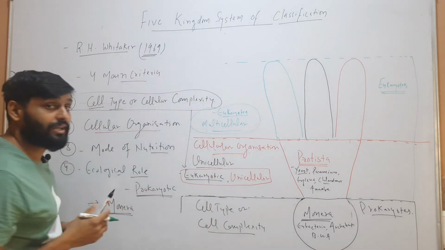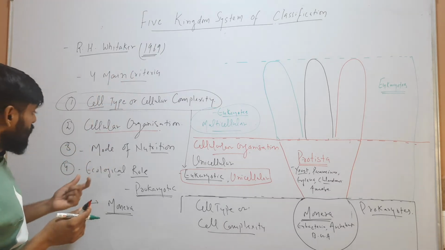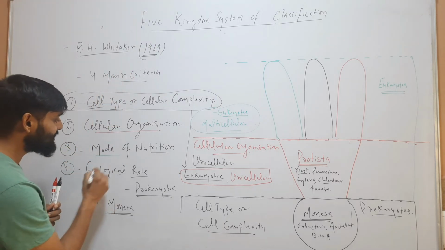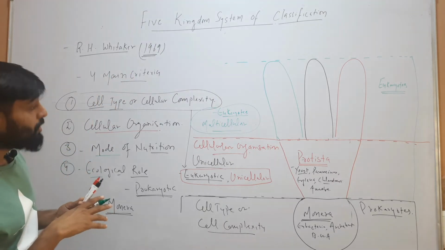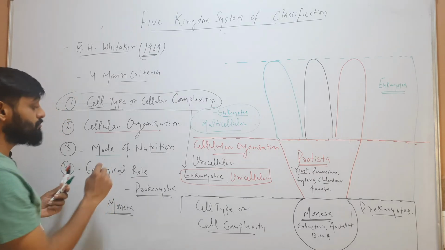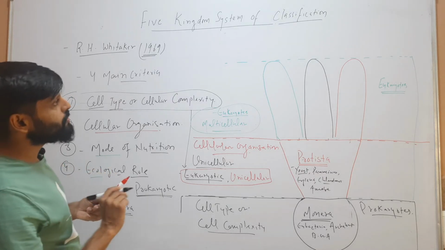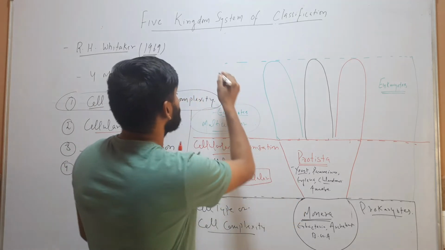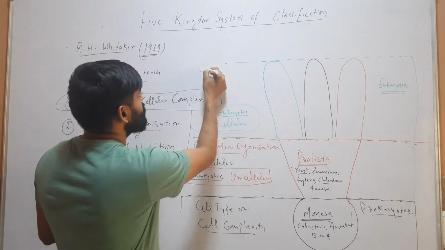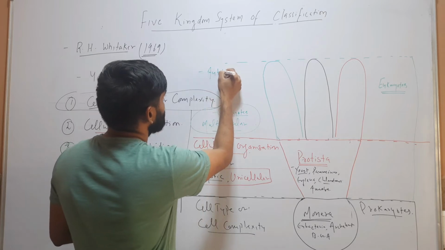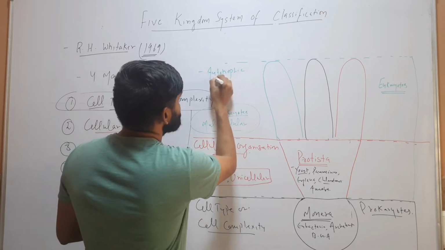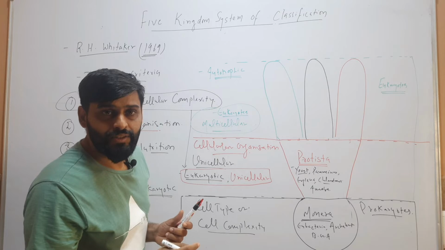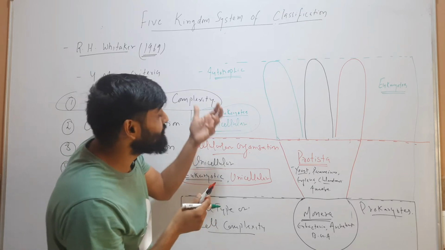These organisms were classified on the basis of mode of nutrition and ecological role. So first we will talk about mode of nutrition. Mode of nutrition may be of three types. First, autotrophic, organisms which can prepare their own food by photosynthesis.